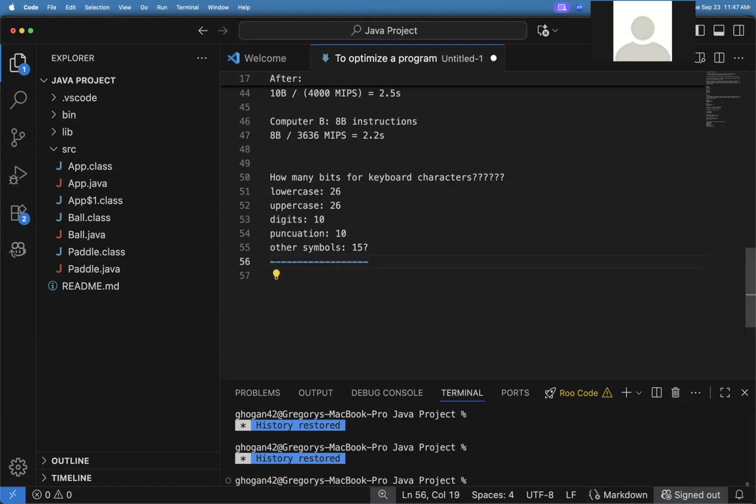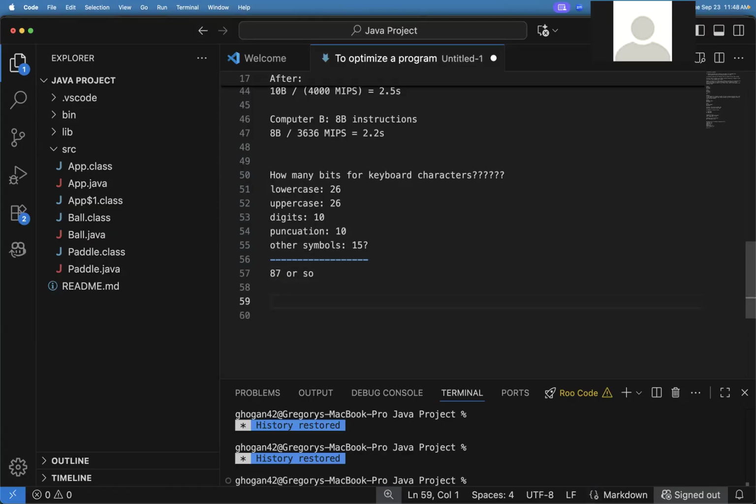Now, when you add these all up, what do you get? 26 and 26 is 52, plus 10, 62, 72, 80 something. Did we get 87? I think 87, right? 87 or so. That's just ballparking it, but that's about how many things we need. Maybe plus some extra.